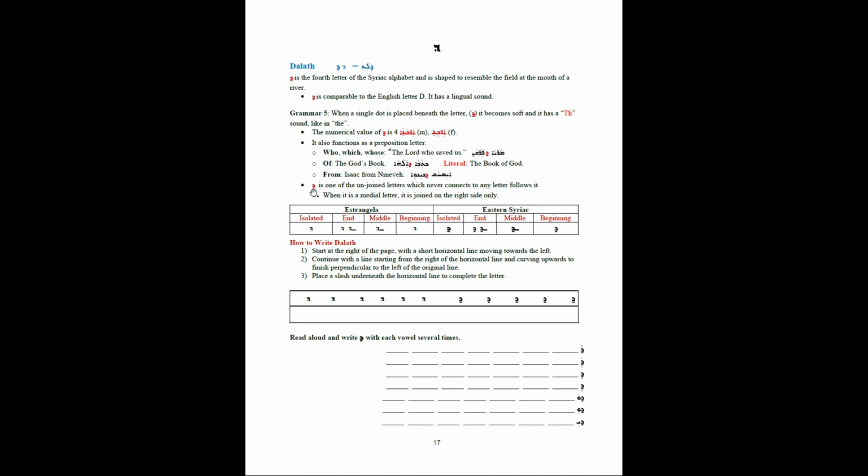Dalath is one of those unjoined letters, it does not join from the left, and this is how it's going to look when it's in a word. And here again, I'm going to show you how we write the Eastern dialect font for Dalath and the Strangilo. I will apply the vowels on Dalath as well.